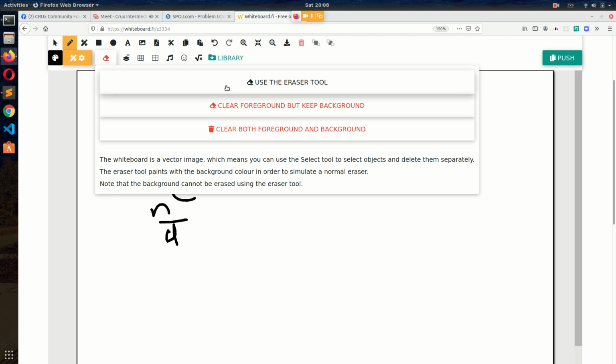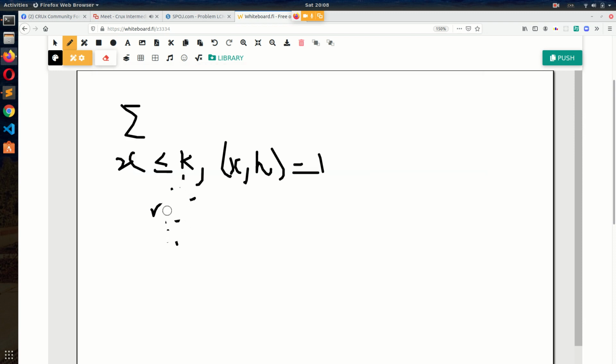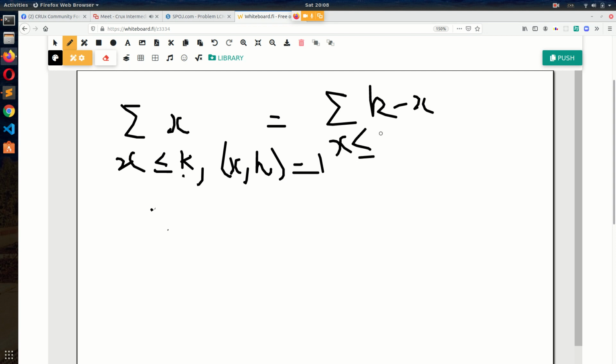So for any general f of k here, we're calculating for that value. If we have to calculate this value, this was f of k here, then this value is also equal to sigma of k minus x, x less than equal to k, and gcd of x comma k equal to 1.